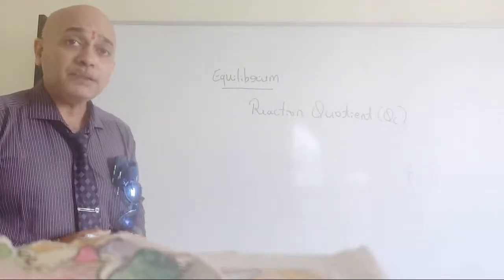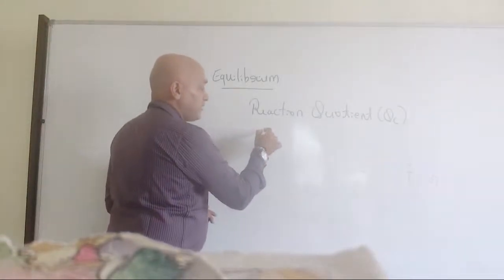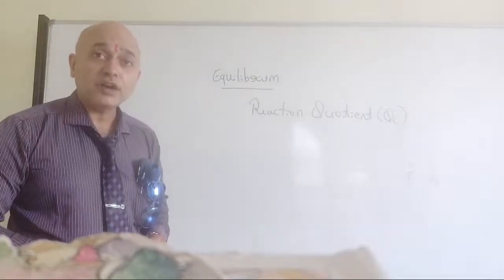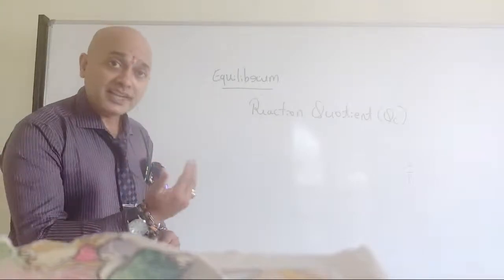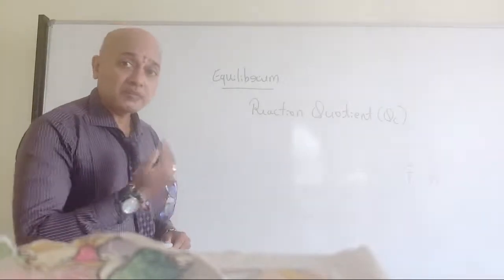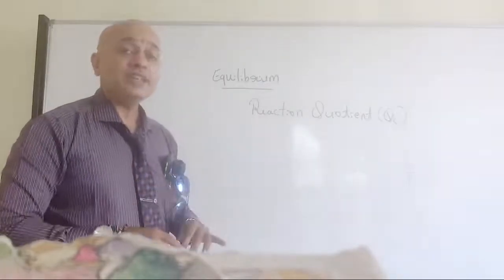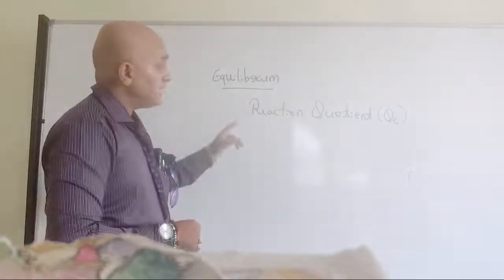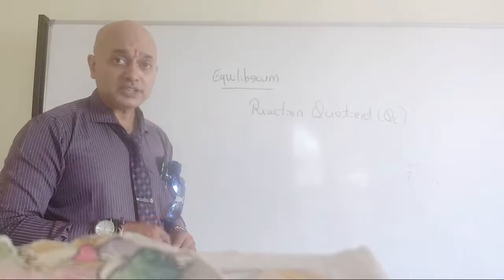The major application of the reaction quotient is that it gives information on the condition of the reaction: whether the forward reaction is happening, or the backward reaction is happening, or the reaction has reached equilibrium. That's the information we get by calculating the reaction quotient or equilibrium constant.